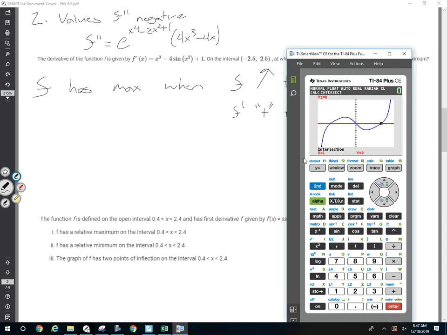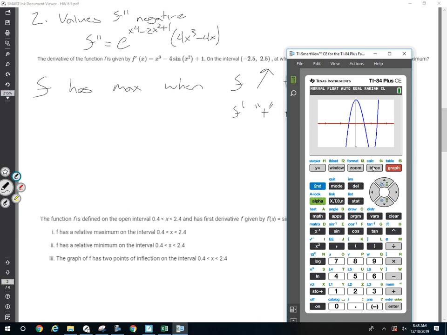All we need to do, and we can't take the antiderivative of this to be able to look at f, and that's very common for these problems, is graph f prime and see when it changes sign from positive values to negative values, because that means f is going up, then down. We're going from negative 2.5 to 2.5. I don't have to worry about the y min and y max. I really could just see from negative 1 to 1 when it changes sign.